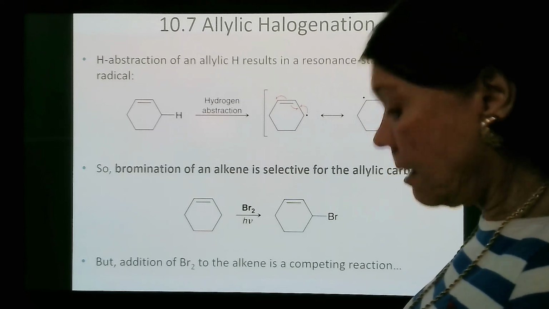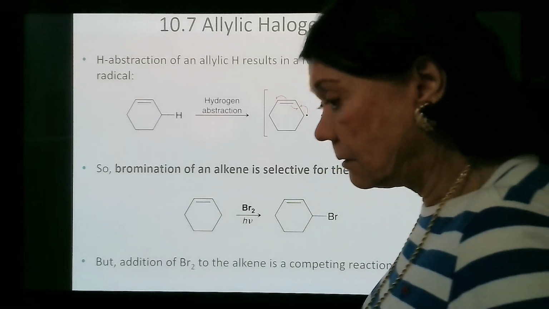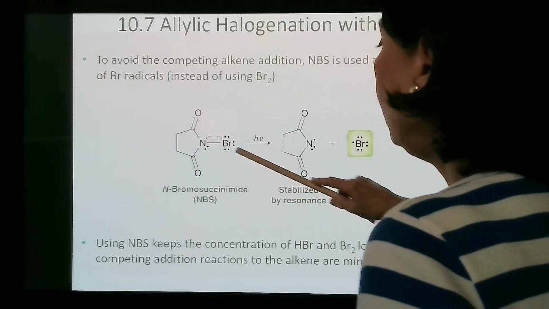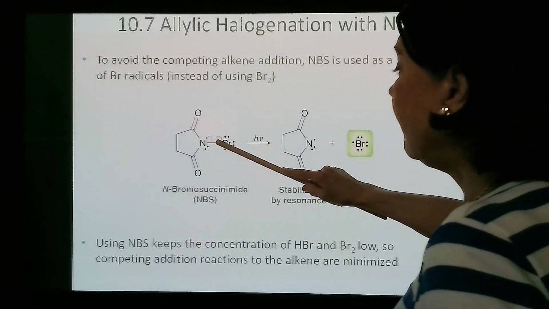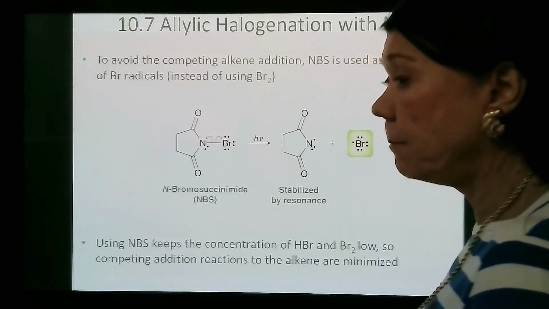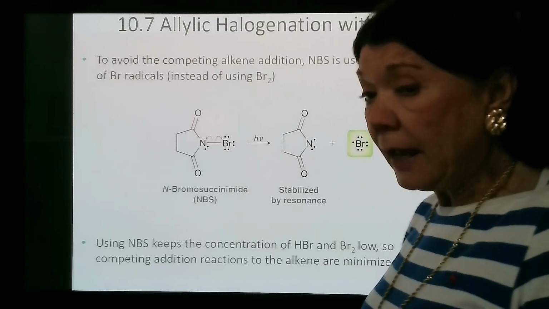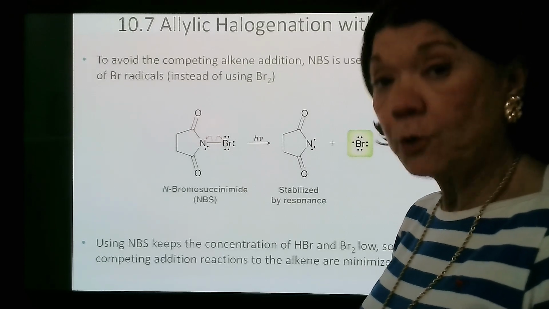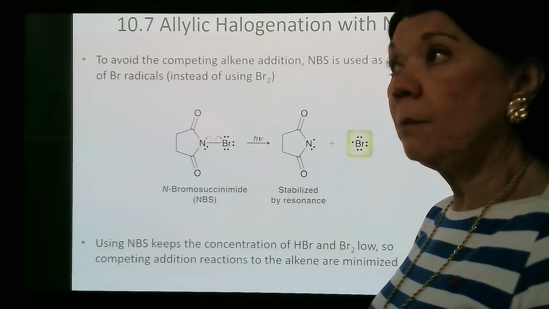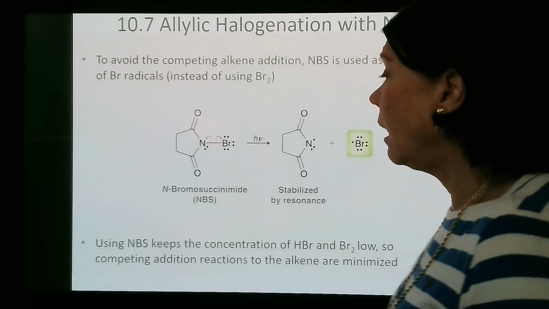And so a way to reduce that, so here we use N-bromosuccinimide, and the N-bromosuccinimide, this is a heteroatom bond. Remember what I said earlier about heteroatom bonds are particularly weak, and so they often can be cleaved to be used in a radical generating reaction.